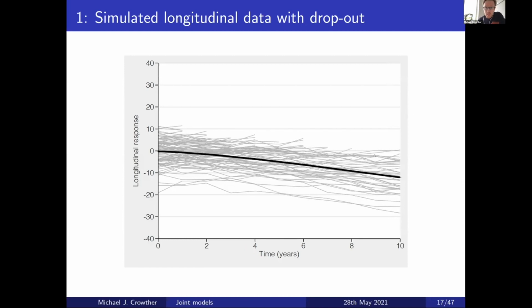So we see the area of my plot here starts to be missing. And if we estimated our curve over time, we would estimate this downward trend, when in fact, none exists. This is still my truth. This is still my true trajectory function. But due to that dropout mechanism, higher values, meaning you've got a higher risk of dropping out of the study, we would obtain biased estimates if we ignore such a dropout mechanism.